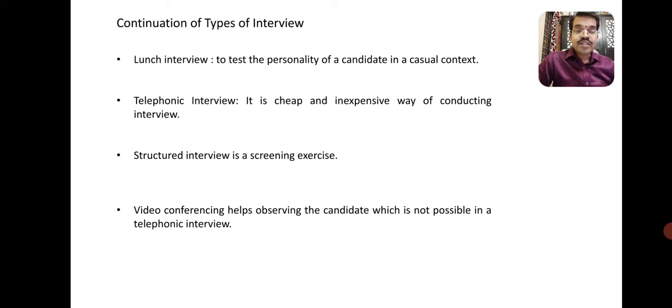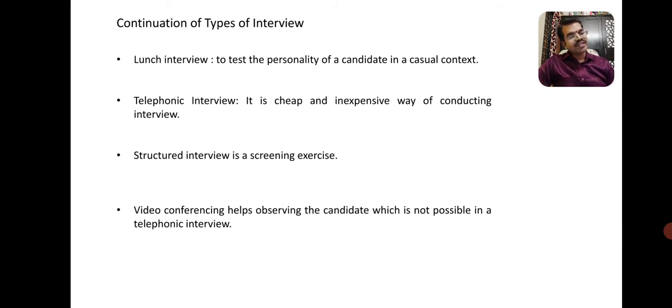So what is the next option? How do we get to know the candidate? How do we select the candidates? Through interviews. So the telephonic interview comes to the rescue of many companies, many organizations.